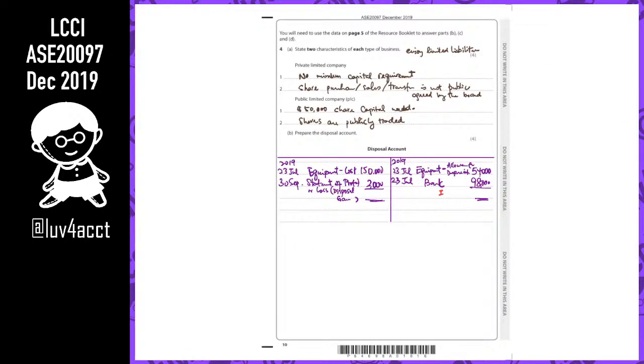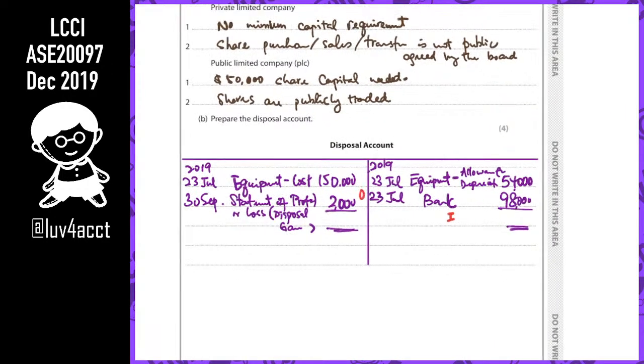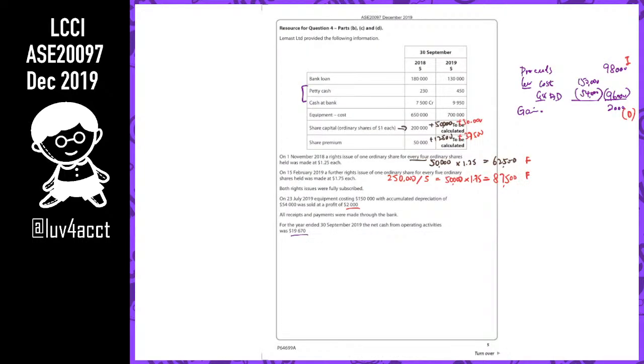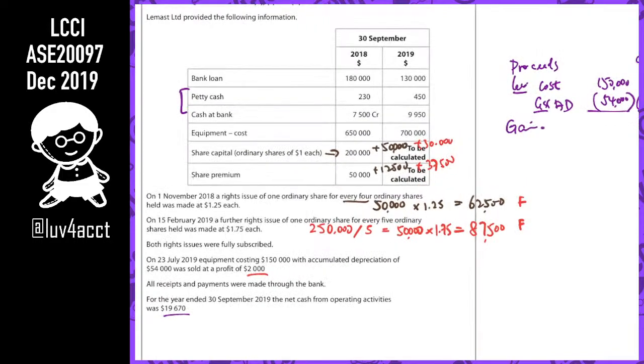I should also mark it here. Operating activities negative, but we do not need it because we already have the cash flows from operating activities given to you. But I still mark it, in case we need to do it, so you still know how to work on it.